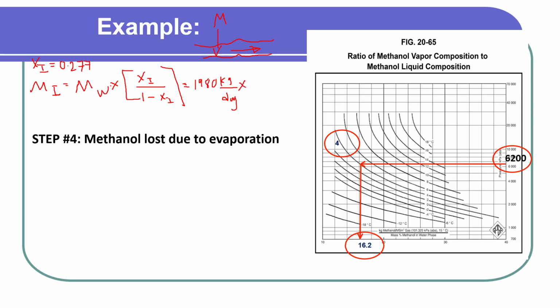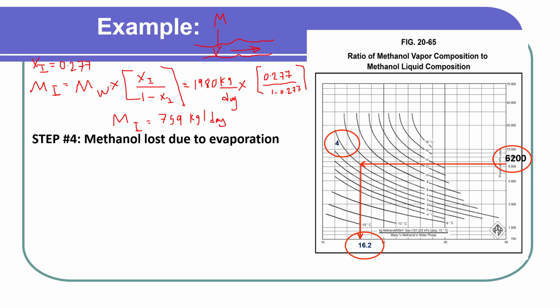Multiply it by Xi, which is 0.277, divided by 1 minus 0.277, in order to get an answer where the mass flow rate of the inhibitor, or methanol, will be equal to 759 kilograms per day.